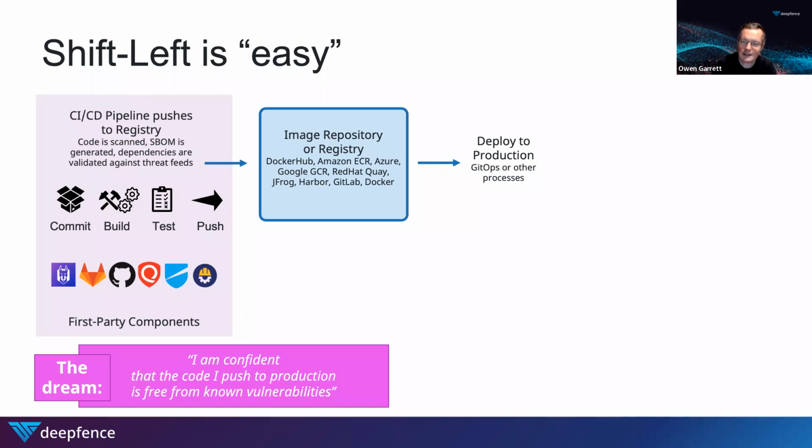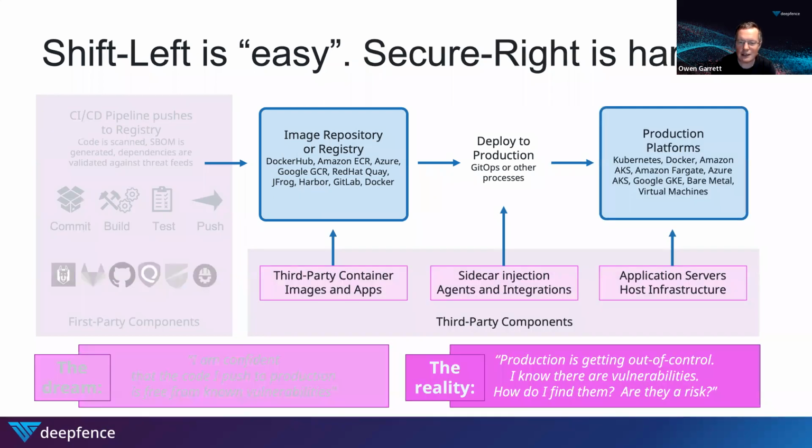The reality is different because securing right is a complex, messy, unpredictable process. The code that your developers build and put into their registry is not necessarily the code that gets pushed into production. The registry will be extended with third-party container images and apps that didn't go through your shift left process.